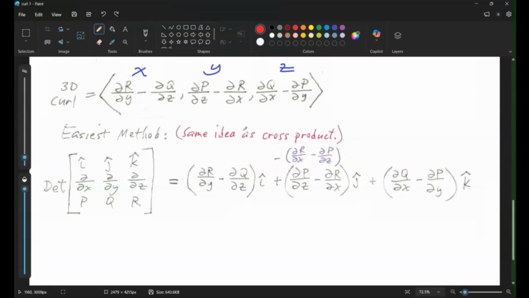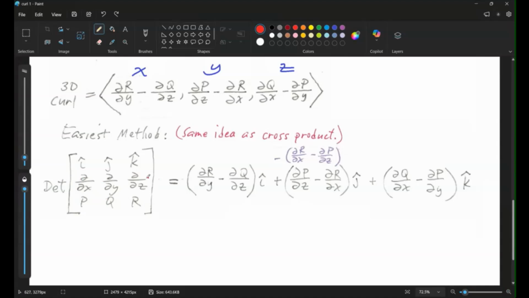Basically, if you were going to take a cross product, and I'll include a link to my cross product video if you're rusty, we normally think of our two vectors as these two. We put them in a 3x3 matrix and take the determinant, just like we would for a cross product. You'd put i, j, k for your unit vectors in each direction, put your two vectors here, and take the determinant.